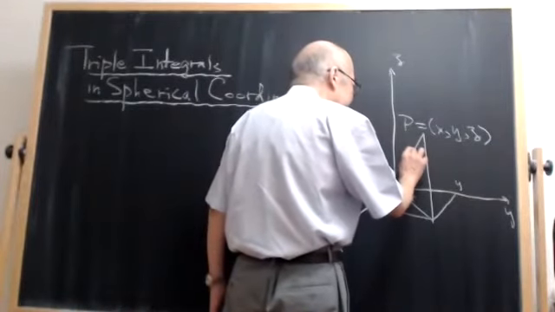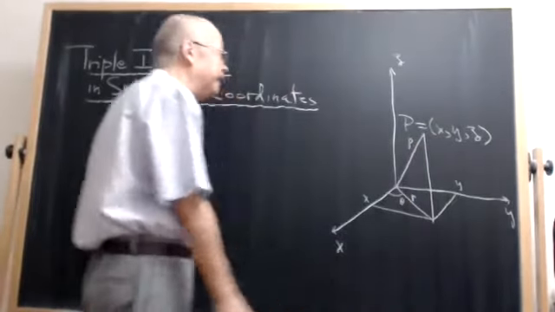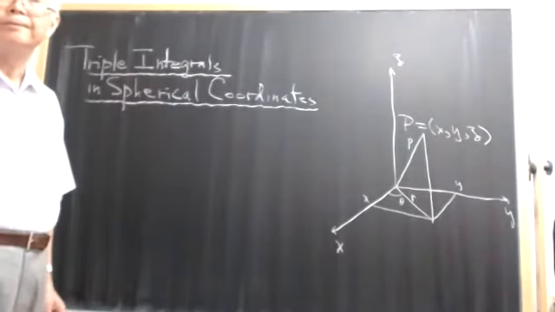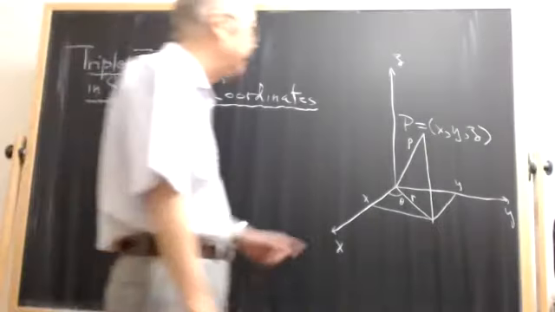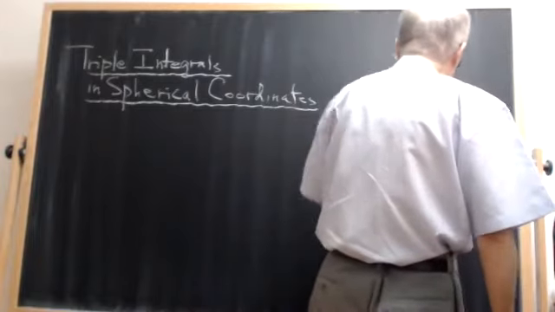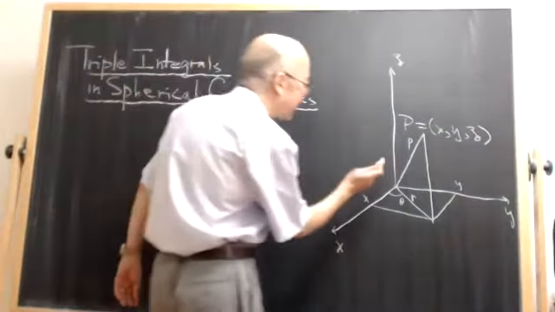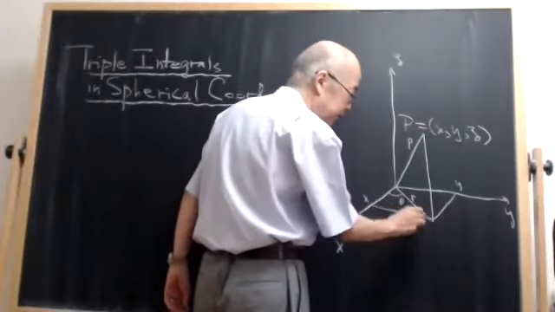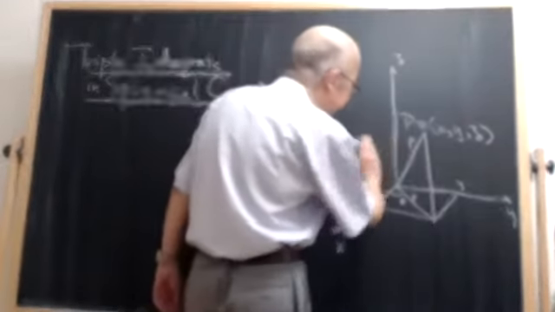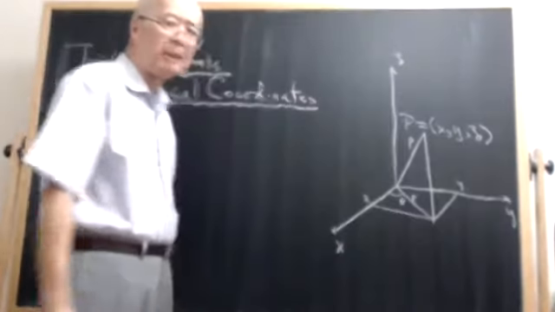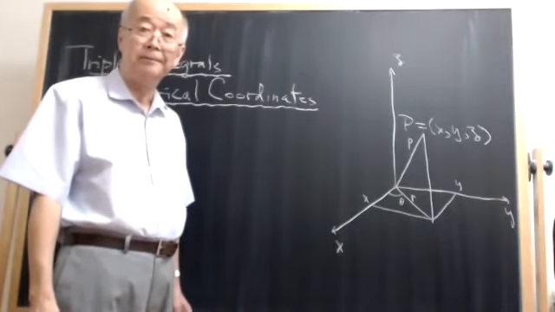And people usually denote the length of this radius by rho, which is the Greek letter P. Now, if you look at this radius here, not this one, but this one, rho, you can rotate it about the same axis, and you are going to get a cone.